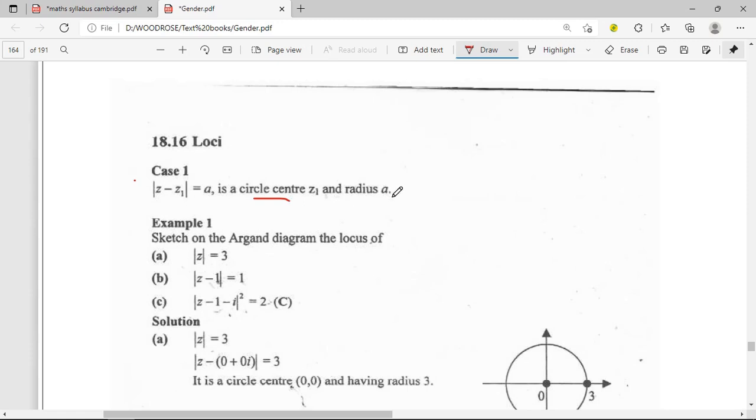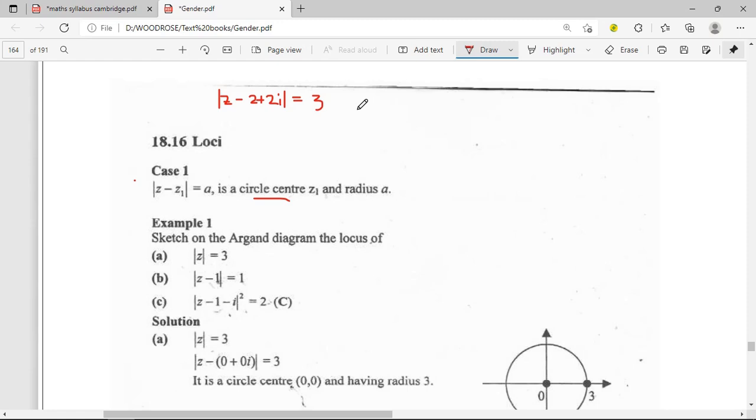For instance, if the question is saying sketch this locus, let's say it's modulus of z minus 2 plus 2i is equal to, let's say, 3.